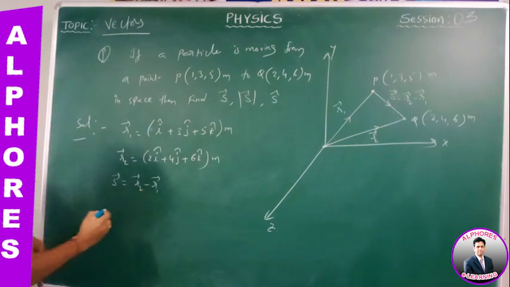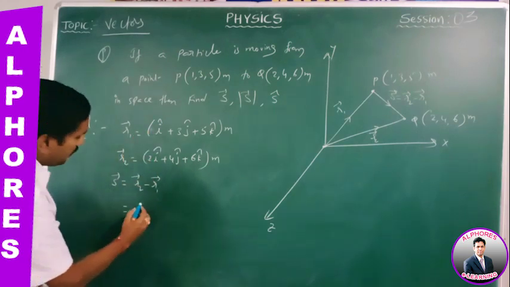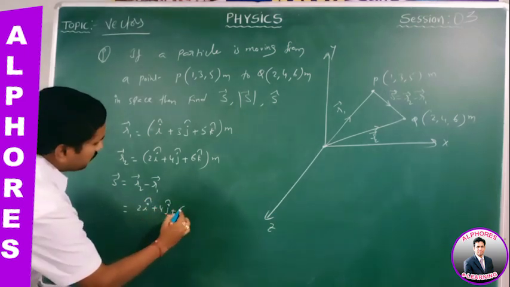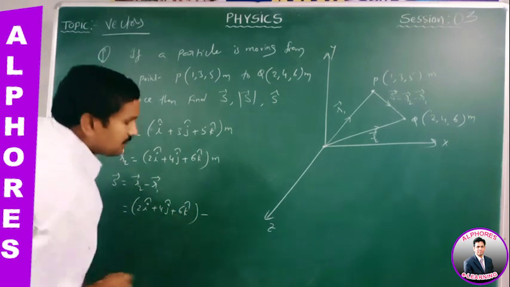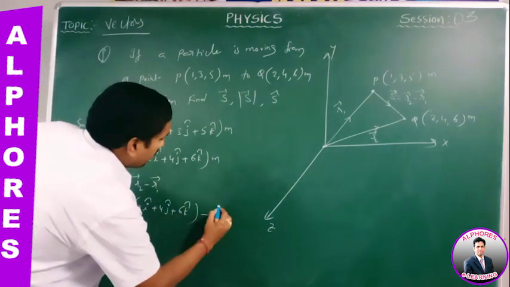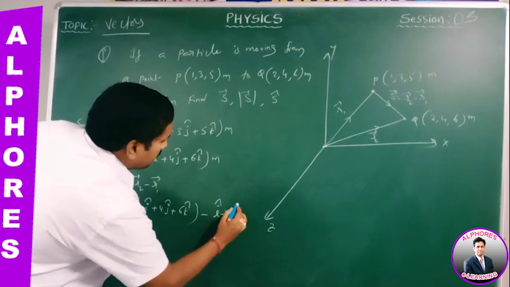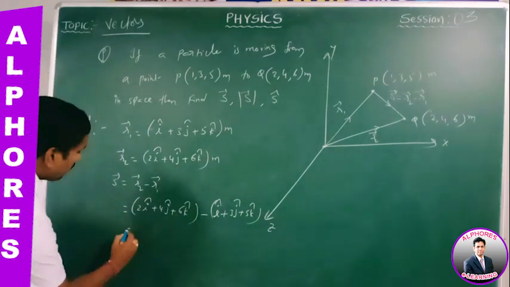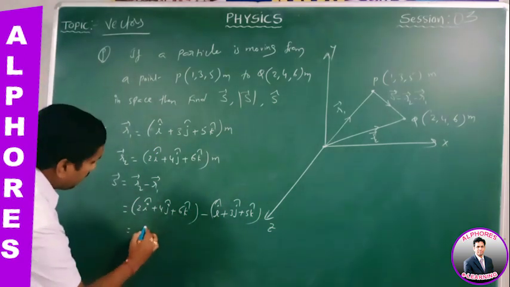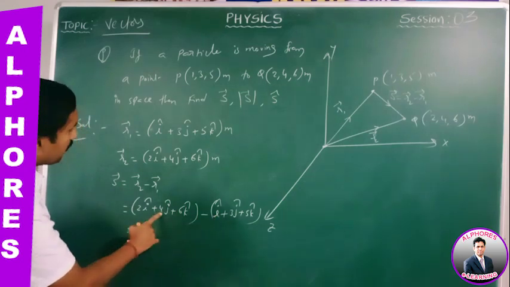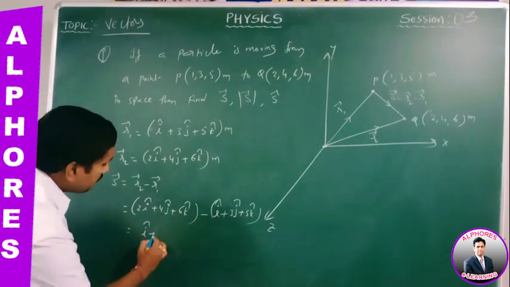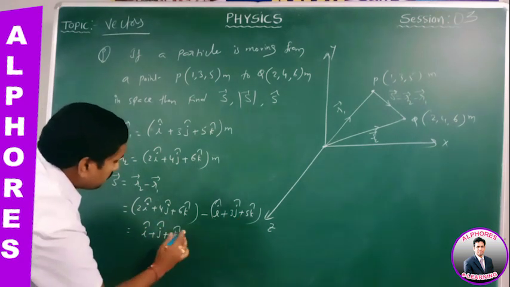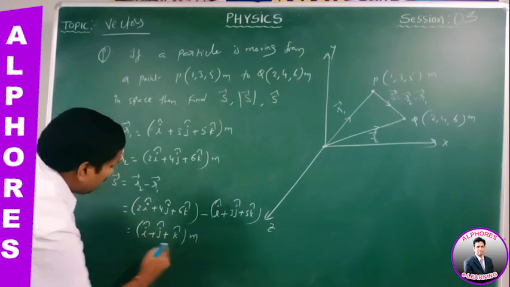Substituting, 2i cap plus 4j cap plus 6k cap minus (i cap plus 3j cap plus 5k cap). By subtracting these two, 2 minus 1 gives i cap, 4 minus 3 gives j cap, and 6k cap minus 5k cap gives k cap. So this is the expression for the displacement vector s bar.